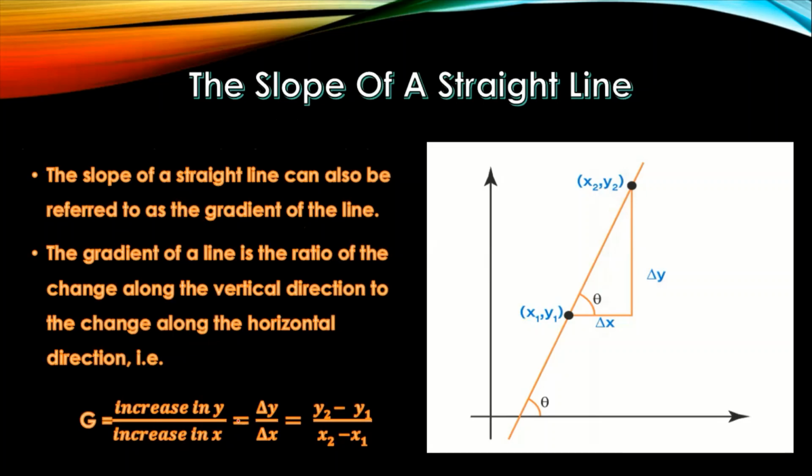What is the increase in y? Increase in y simply means change in y. Change in y over change in x. And change in anything means the final minus the initial. So in this case, the final is y2, the initial is y1. That's y2 minus y1. And change in x also is x2 minus x1.